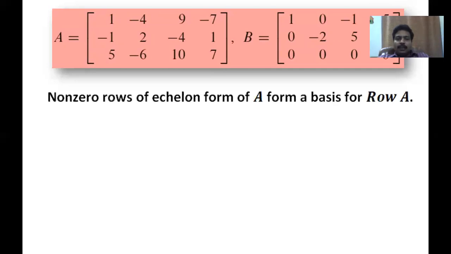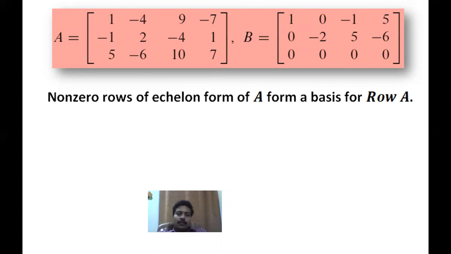Similarly, non-zero rows of the echelon form of A form a basis for row space A. So this is the echelon form, and here we can observe that the first two rows are non-zero rows, and the third row is a zero row, since all the entries are zeros. A row is said to be a zero row when all the entries are zeros. So the third row is a zero row, and the first two are non-zero rows.